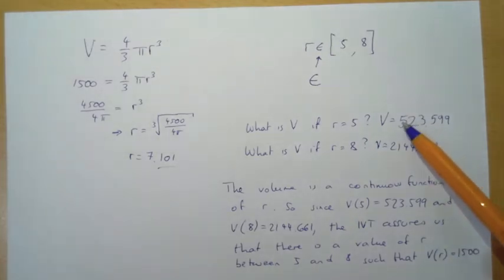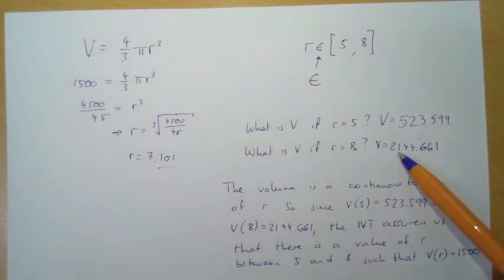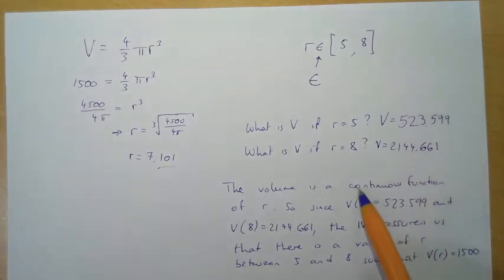I cannot go from 500 to 2000 without going through 1500. Really logical. But it's important to say it's because it's a continuous function.